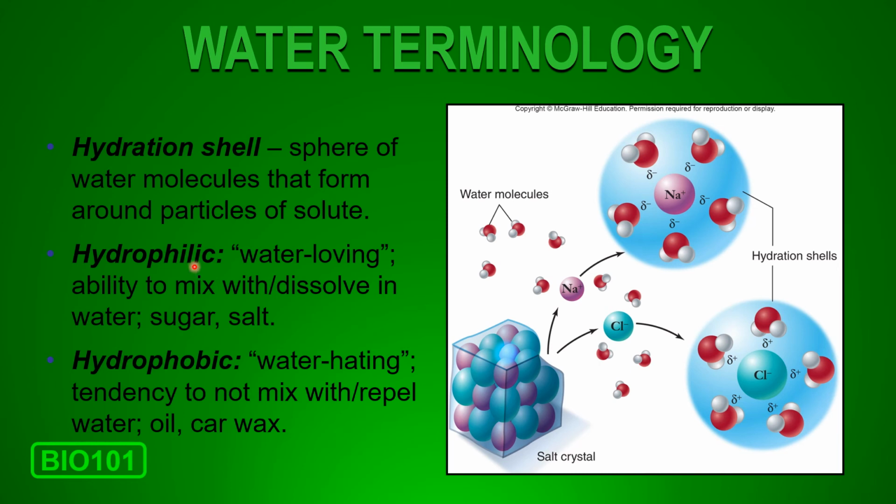Hydrophobic are things that do not dissolve in water. Things that dissolve easily in water, good examples are sugar and salt, right? You take a glass of water, you throw some sugar in there. You take a glass of tea, which is an aqueous solution, right? Unsweetened tea. You throw some sugar in there, you stir it around, the sugar dissolves, and you have sweetened tea.